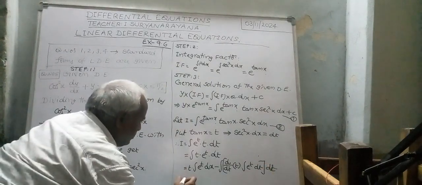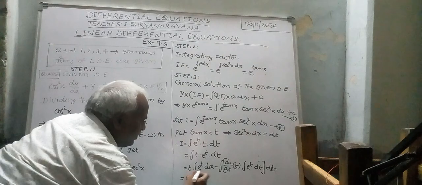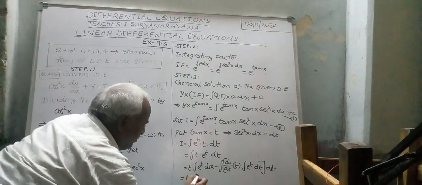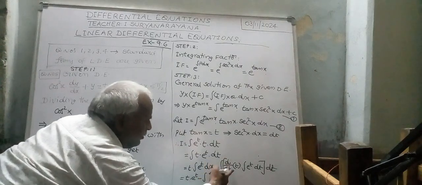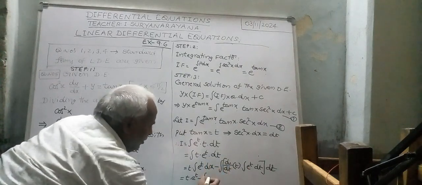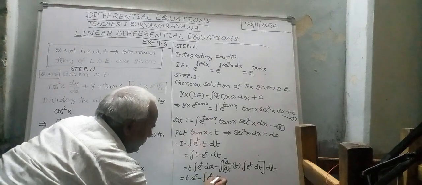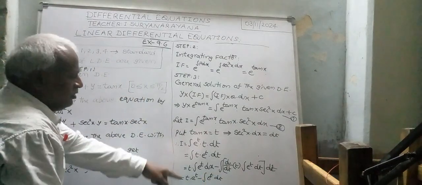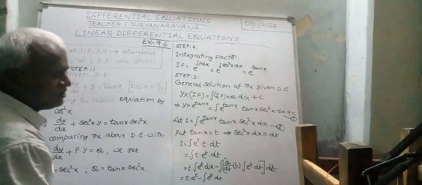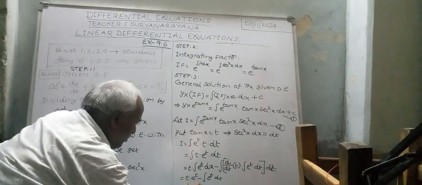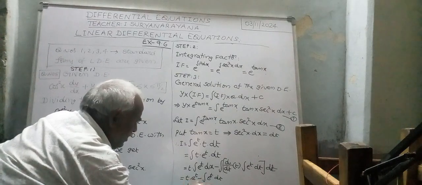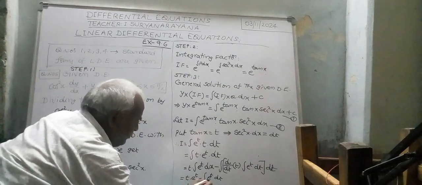This implies t into e power t minus integral 1 into e power t dt. Again e power t integration is e power t. So t into e power t minus e power t.